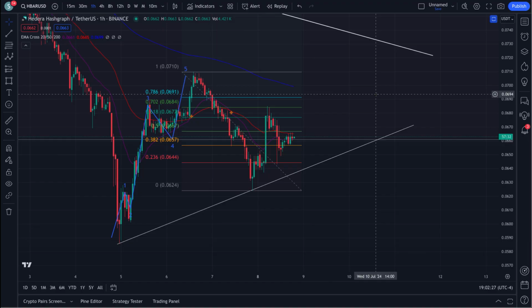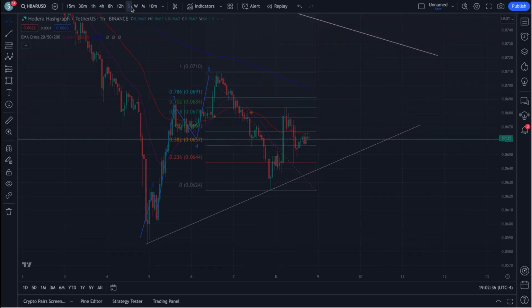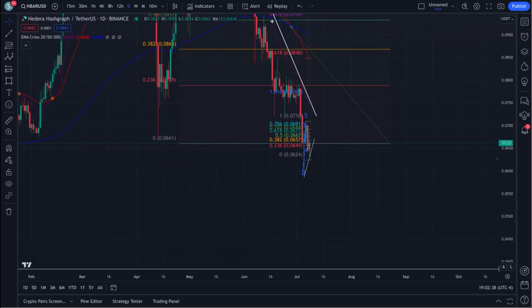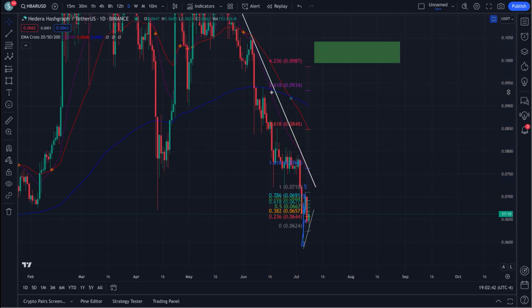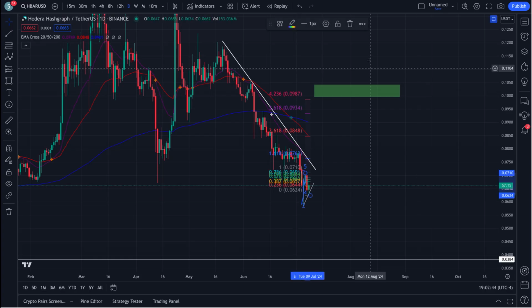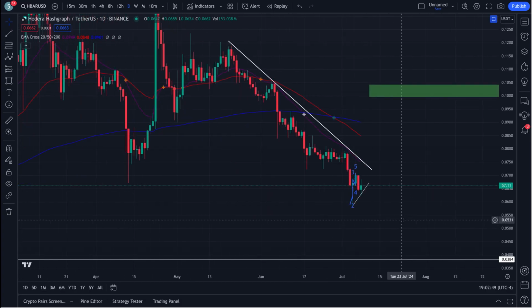Now that's all going to depend on Bitcoin too. If Bitcoin pushes higher, it's going to pull everything up. We all know that. Overall, we have a resistance area right up top here. Let's get this off here. See that resistance area coming down the top side?